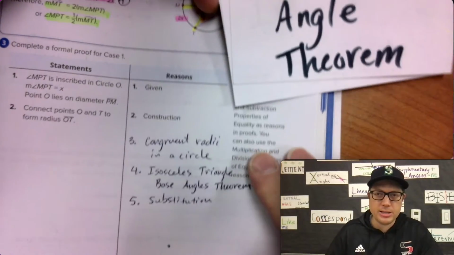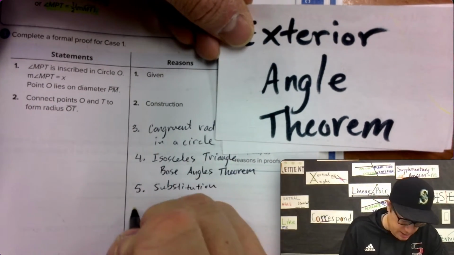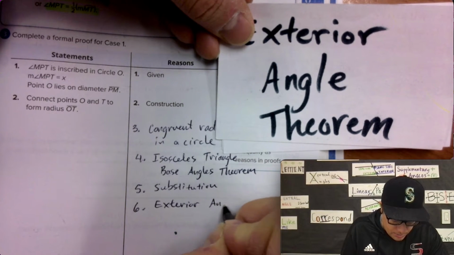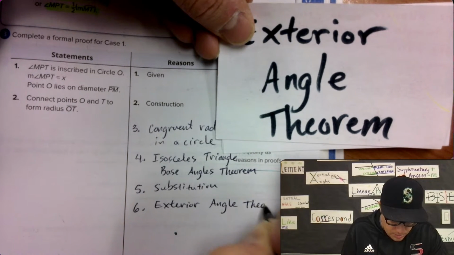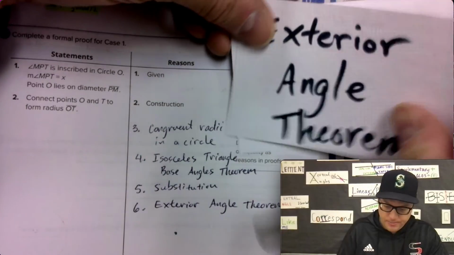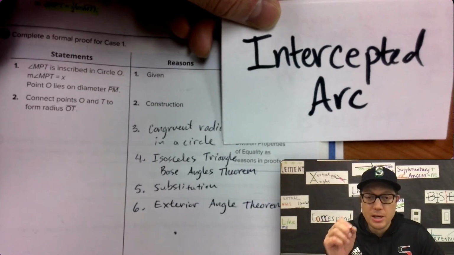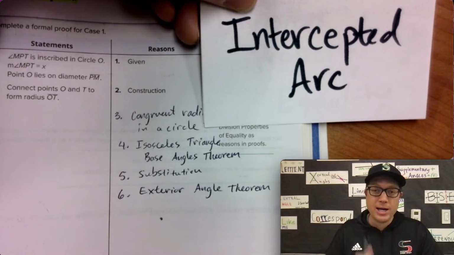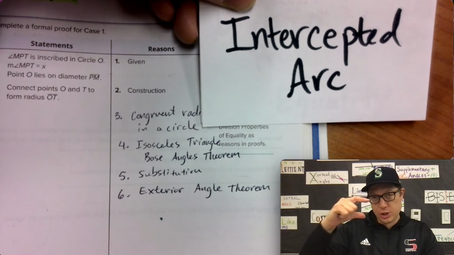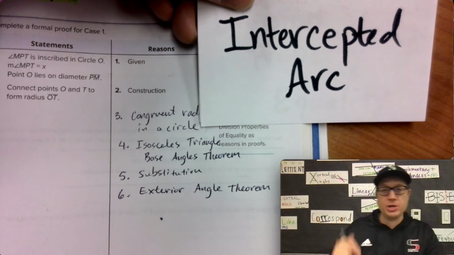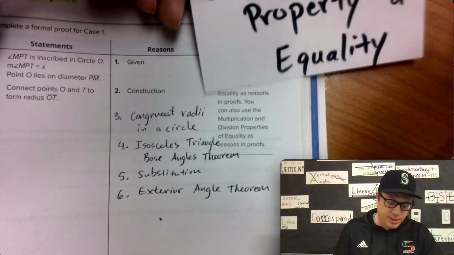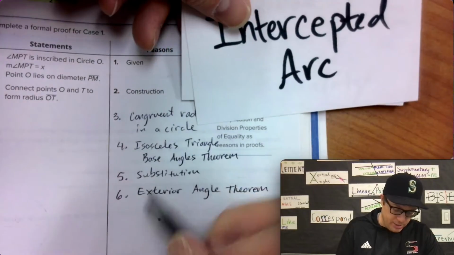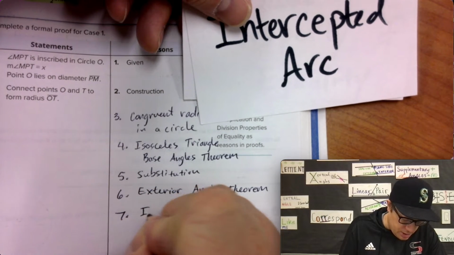Okay, now we're going to talk about exterior angle theorem as number 6. Since the exterior angle is equal to 2x, and that central angle is the 2x angle, so is the intercepted arc out on the edge, because the central angle is equal to the measure of the intercepted arc. So statement 7, intercepted arc.